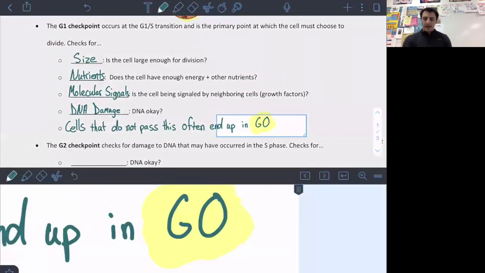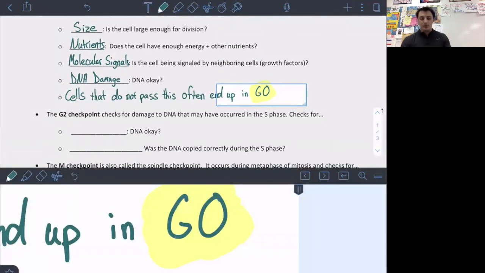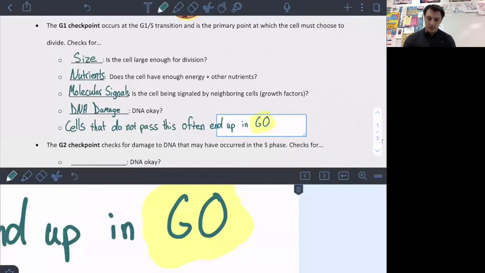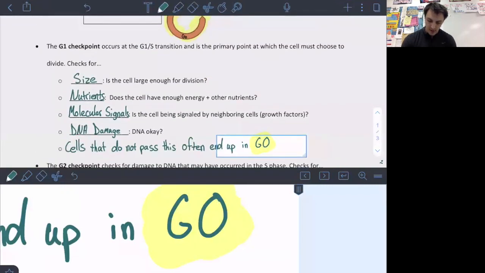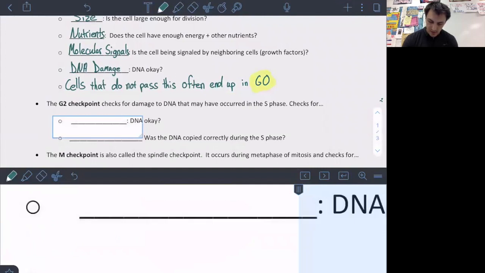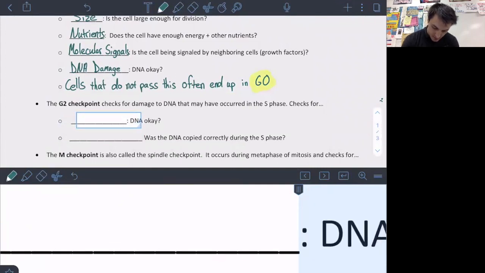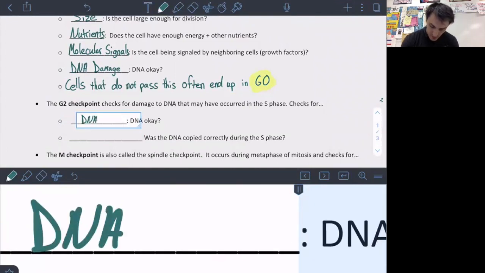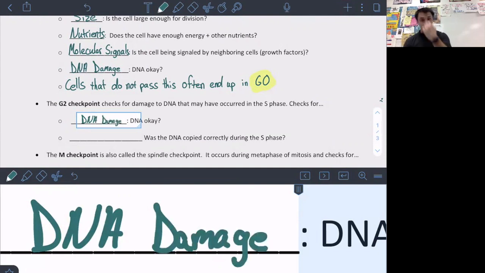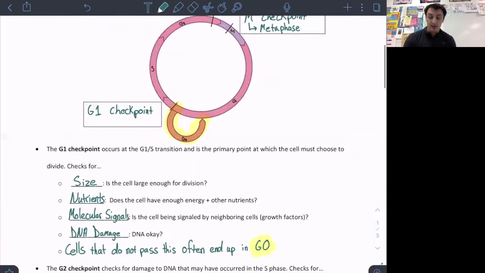The G2 checkpoint is going to be similar. We go through this G2 checkpoint after S phase, and it's really going to check the DNA again. Is the DNA damaged? That's not good. If it is, we're going to stop our cell cycle at that point. What's important about this checkpoint is that it's after synthesis.